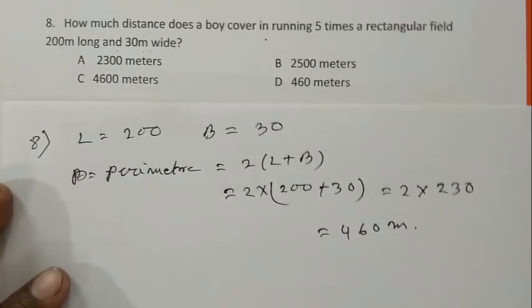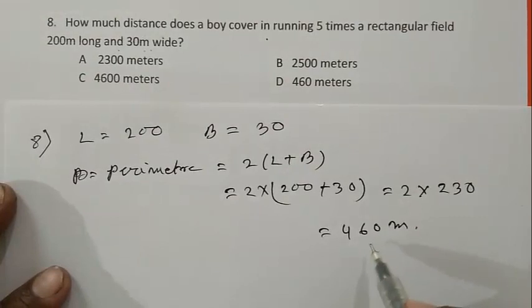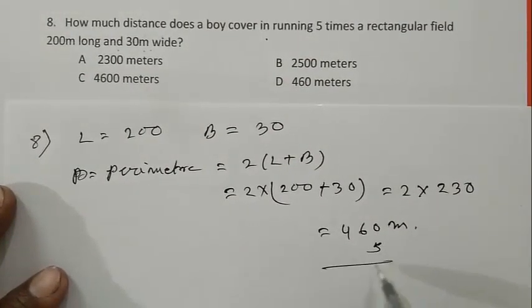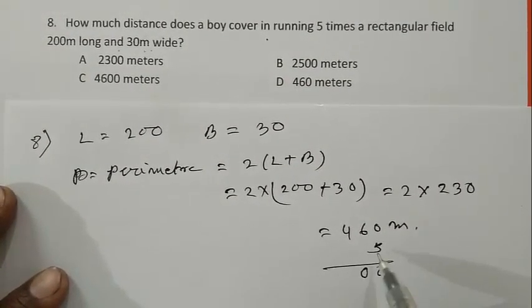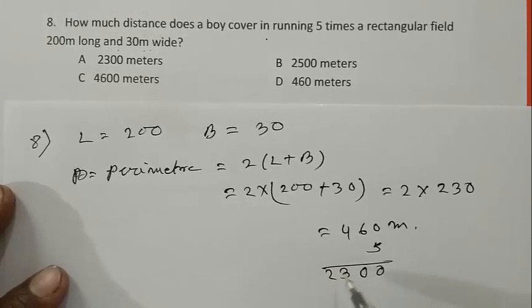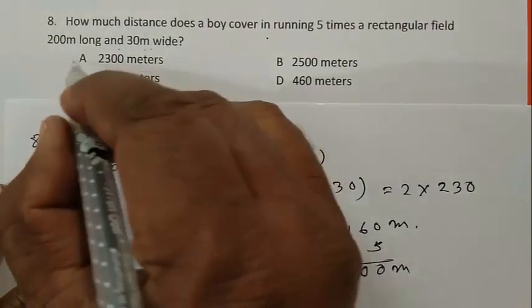So perimeter is 460. We multiply the number with 5, we get 2300. So A is the right answer.